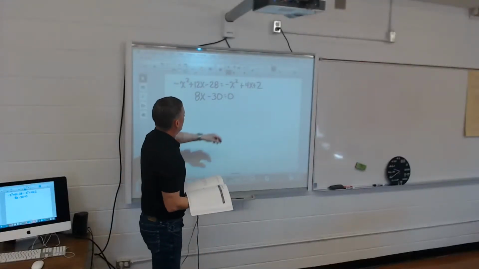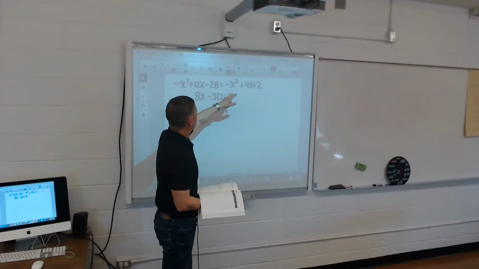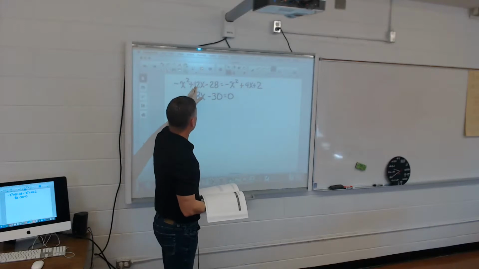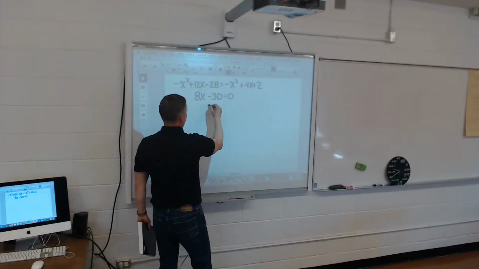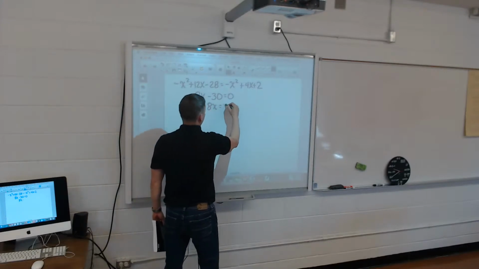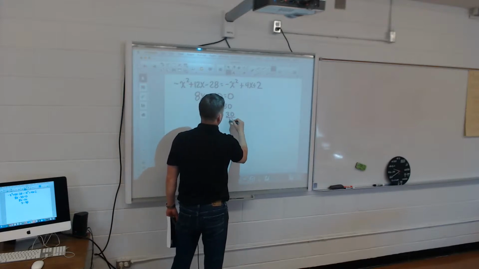All right, so adding x squared cancels the x squareds out, so that's 0. Subtracting 4x makes that 8x here, and subtracting 2 makes that 30. So now I just have 8x equals 30. X is equal to 30 over 8.